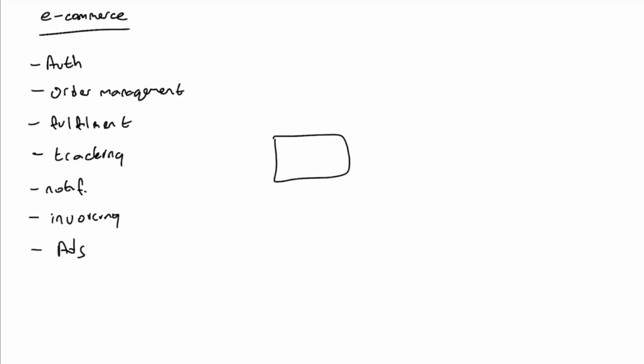And once you start, most likely you won't have many features for each of these aspects. So it's fine to start with a single service, and you'll have smaller features for each aspect in this single service. But as your application grows, most likely you'll have things like, let's say this is the order management bit, this is the fulfillment, this is tracking, this is notification, invoicing, advertisement.